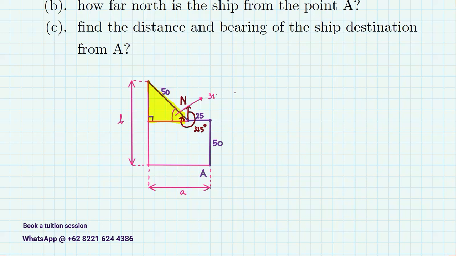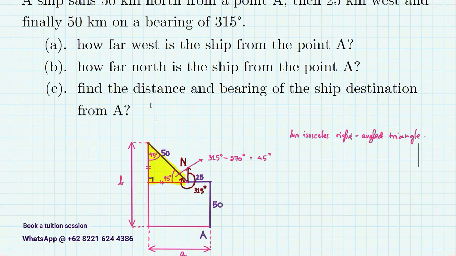It's 315 degrees minus 270 degrees, which equals 45 degrees. So this is 45 degrees. If we have a right angle triangle where one of the angles is also 45 degrees, that means this is going to be 45 degrees. So this length is equal to this length. Basically, this is just an isosceles right angle triangle.